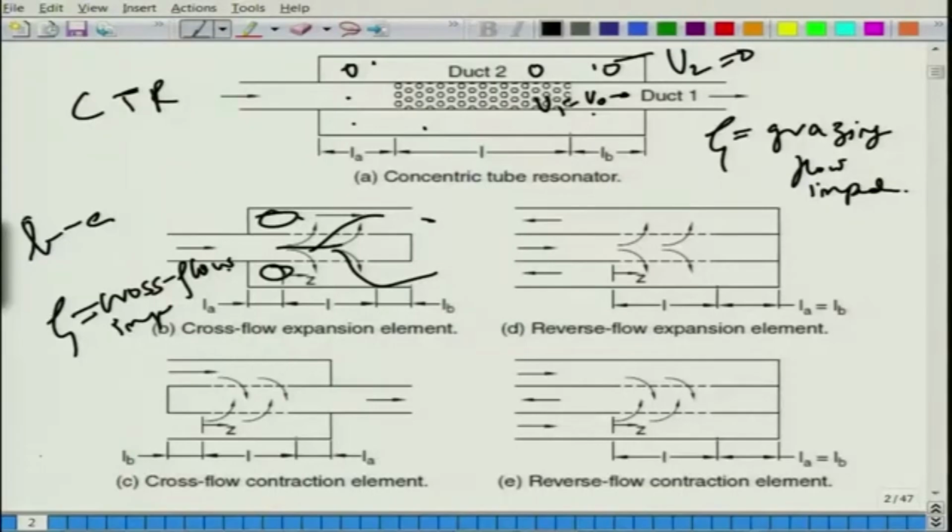By now you should be a little proficient in analyzing that. This is like minus j Y0 cot k0 L_A. Similarly, this is minus j Y0 cot k0 L_B. The impedance is seen here, and then you have tubular elements or transfer matrices.